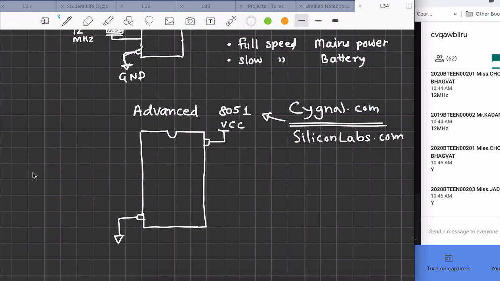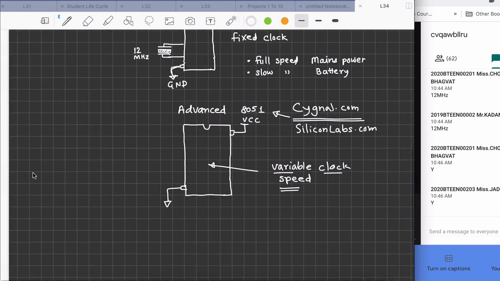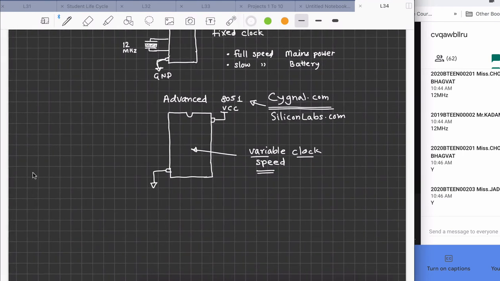Now this particular 8051 has facility of variable clock speed. Even if you use a laptop, its speed drops when the battery is low.